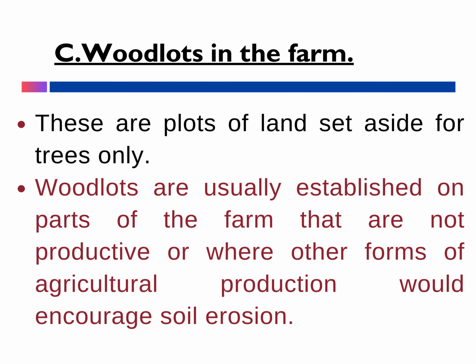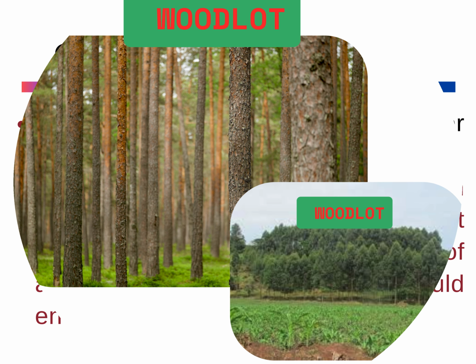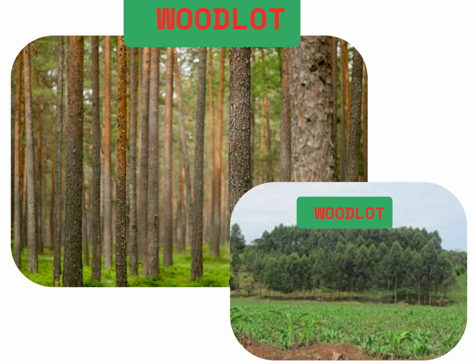C. Woodlots in the farm. These are plots of land set aside for trees only. Woodlots are usually established on parts of the farm that are not productive or where other forms of agricultural production would encourage soil erosion.